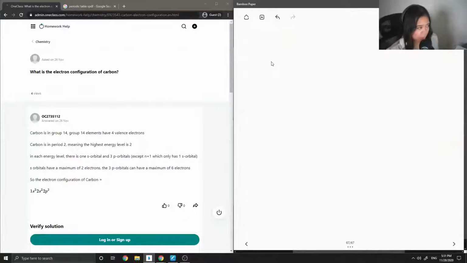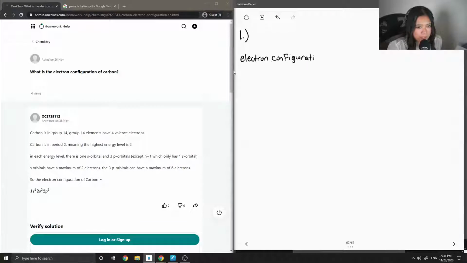Okay, so question 1 asks, what is the electron configuration of carbon? First I'm going to write down the definition of electron configuration, since it might be a new term for some of the viewers.